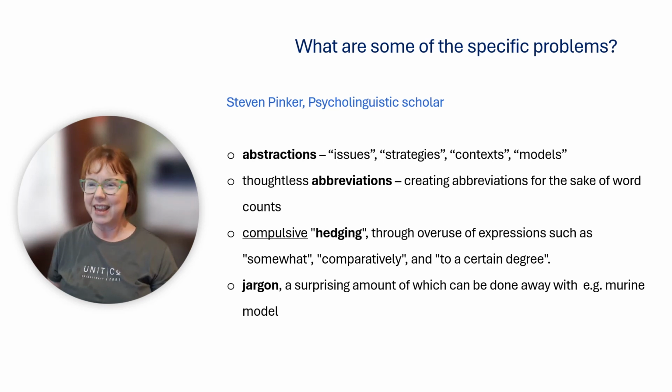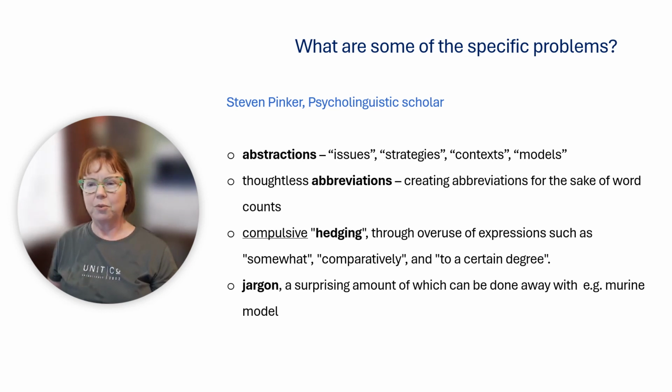I think the key here is being aware of them as a starting point. The first is the excessive use of abstractions. Abstractions are ideas or words like issues, strategies, contexts, and oh my goodness, the word models. I exclaim about the word models because I think the word is being misused a great deal in writing that's related to health service delivery.